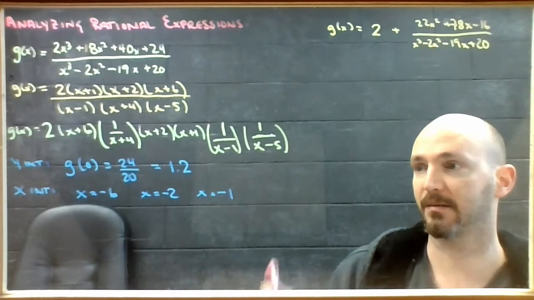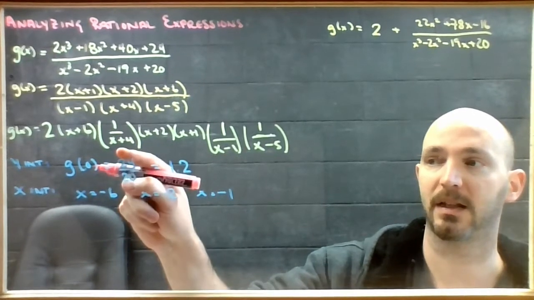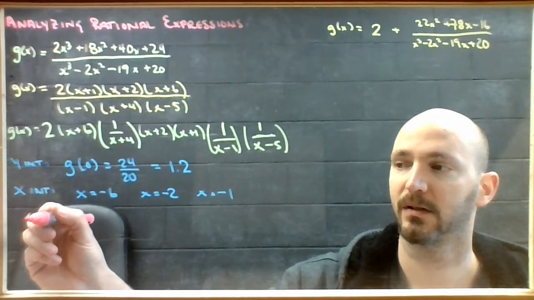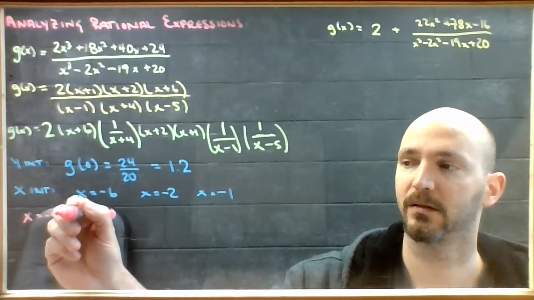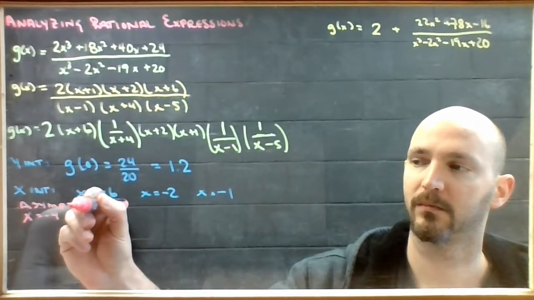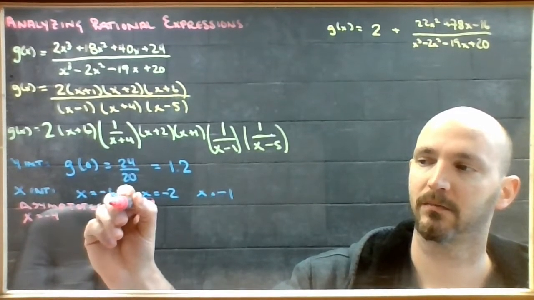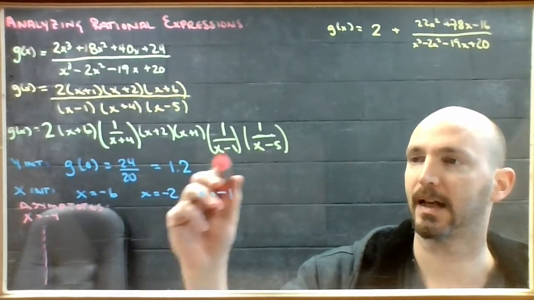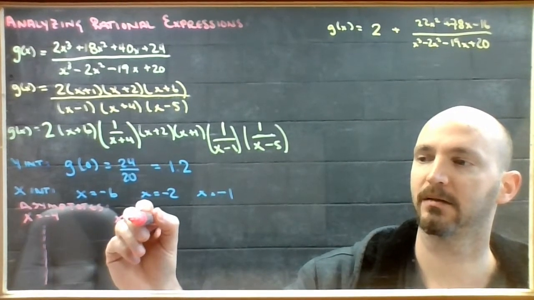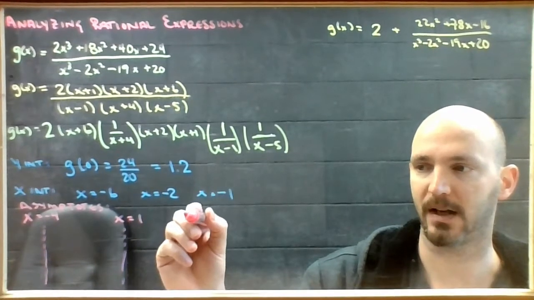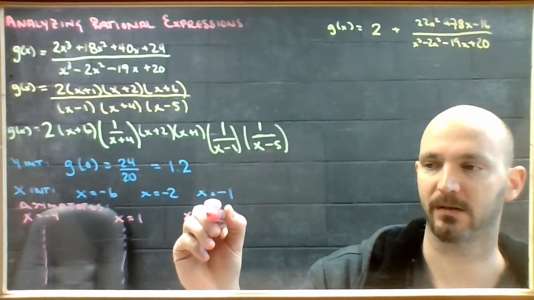My vertical asymptotes are going to happen here, shifted 4 to the left, so it's at -4. Asymptotes. And then again at x equals 1, and then at x equals 5.